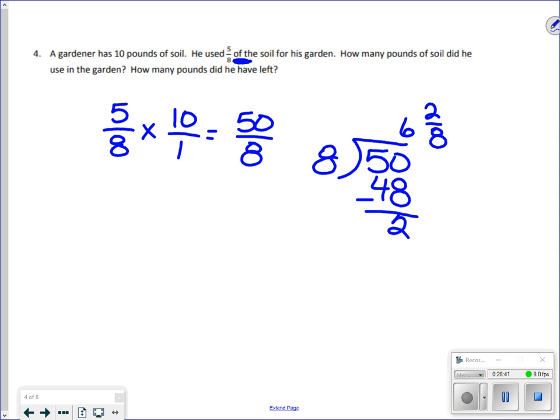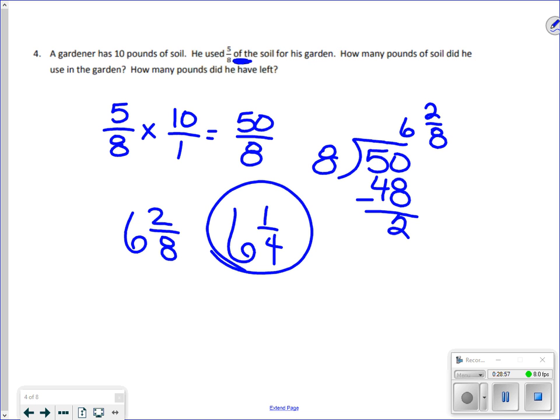It could be simple. I know it can. And so that's the difference between 6 and 2/8 and 6 and 1/4. Because if this were a multiple choice question on the EOG, this you would find as a multiple choice answer. This you would not. But is it asking for ounces?